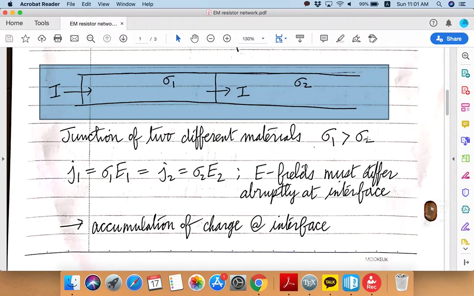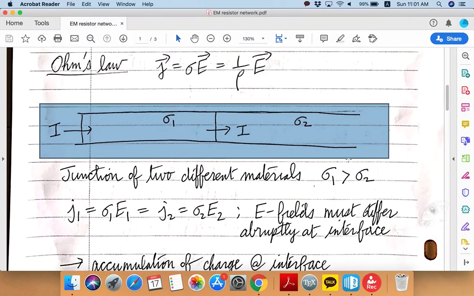Okay, so here's the situation that he wants us to consider. Now we have a wire of the same cross-section everywhere.